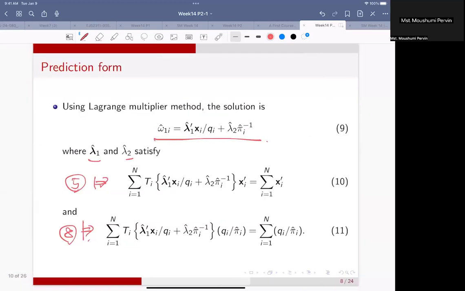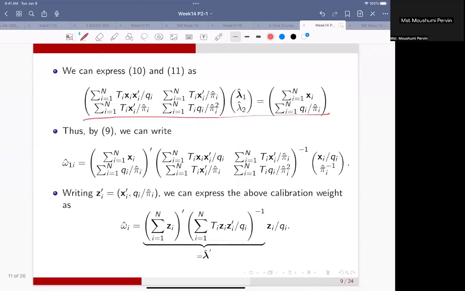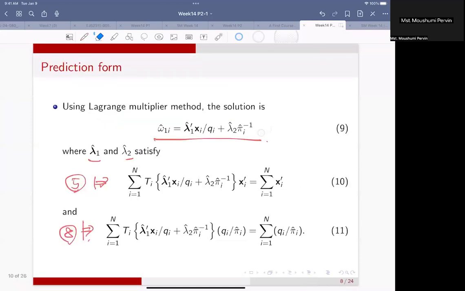So equations 10 and 11 can be expressed using matrix algebra. You write it down in matrix form and then solve it. This is really simple linear algebra, and you can write it this way.